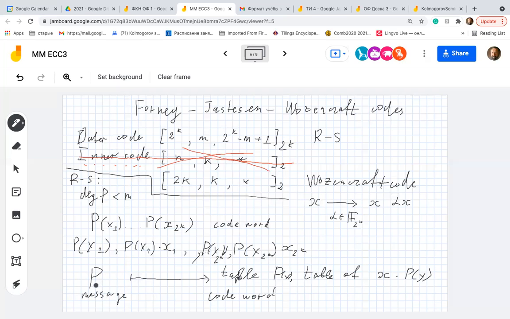The message has mk bits because this is a polynomial of degree less than m. So it has m coefficients, each of k bits. Two tables in total have 2 to the k times 2k bits.